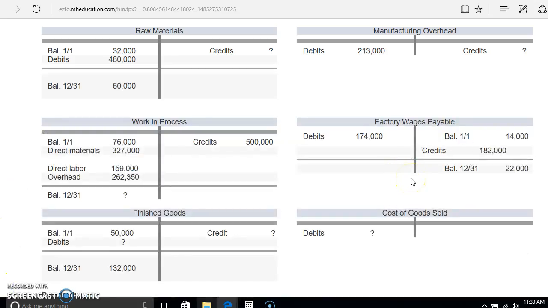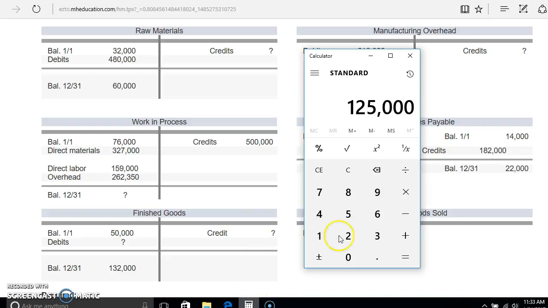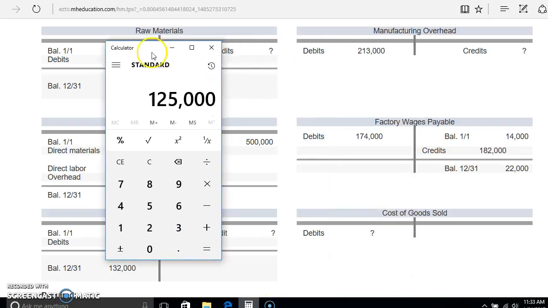So let's take a look at our factory wages. Factory wages are going to consist of direct and indirect labor. At the beginning of the year, we had 14,000 that we had accrued from the previous year. We don't really care about that. We incurred a total of $182,000 in payables.